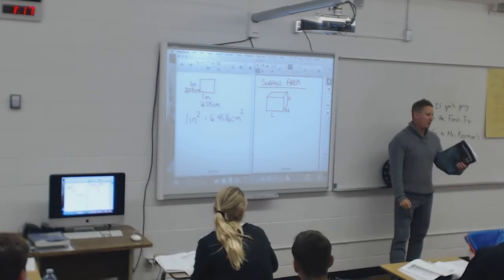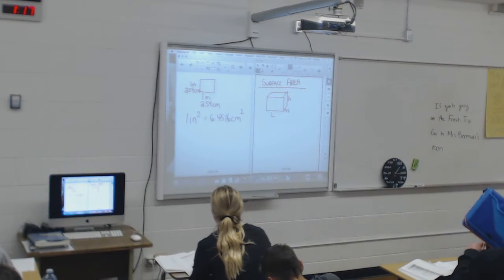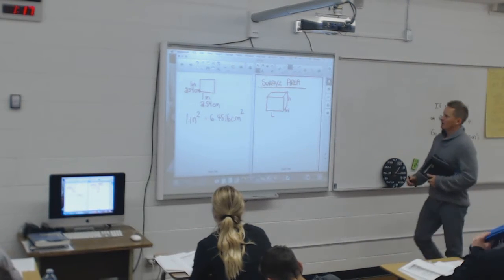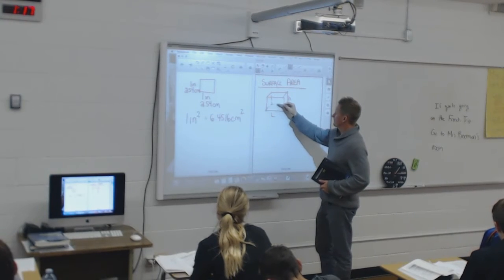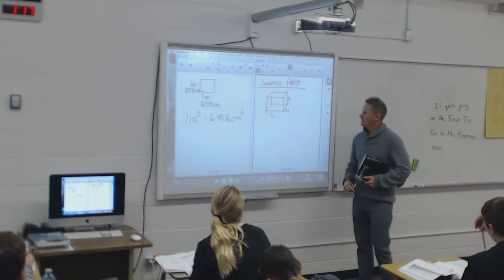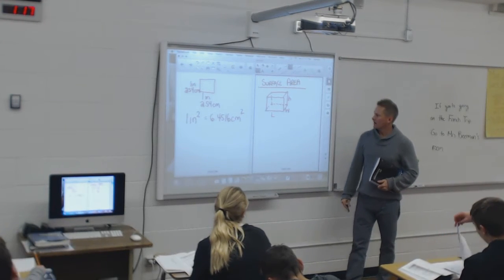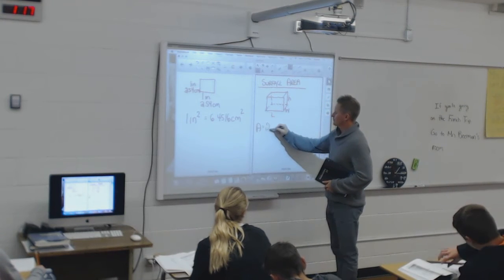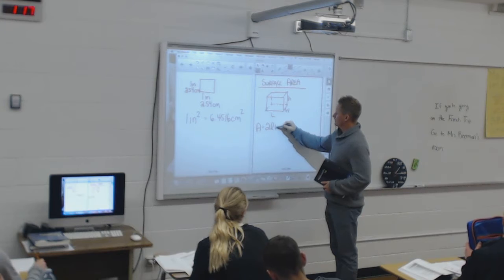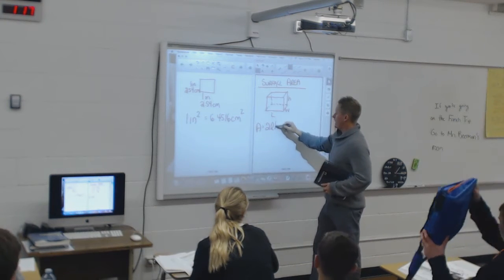So I'm going to take a shoebox, for example, and I want to find the surface area of the shoebox. How do I find the area of the front face? Length times height. And how many of them are there? 2. There's 2. So 2L times 2H.